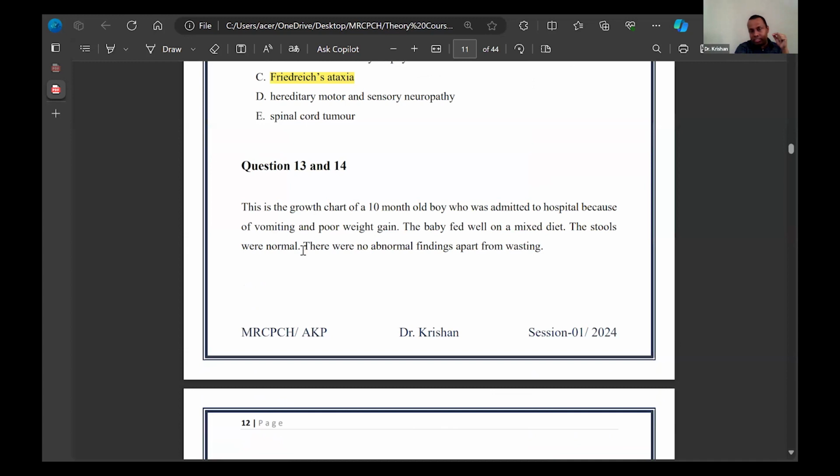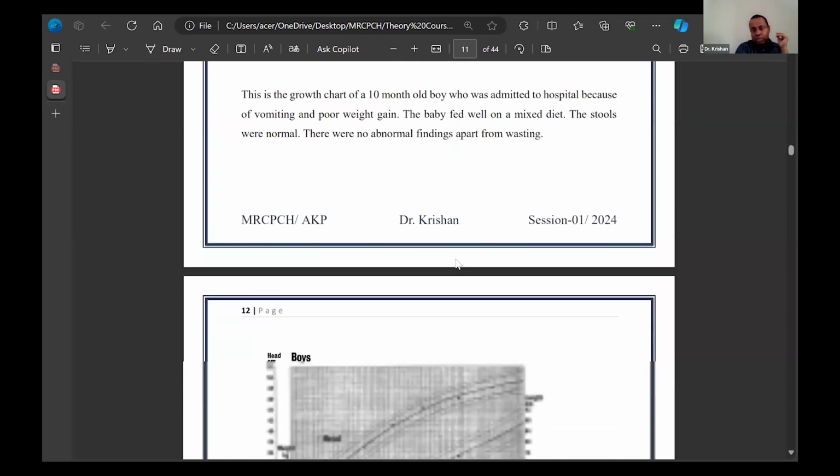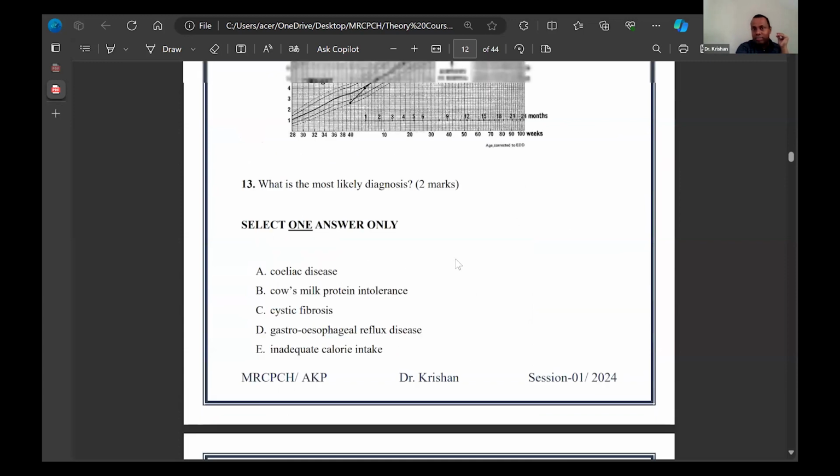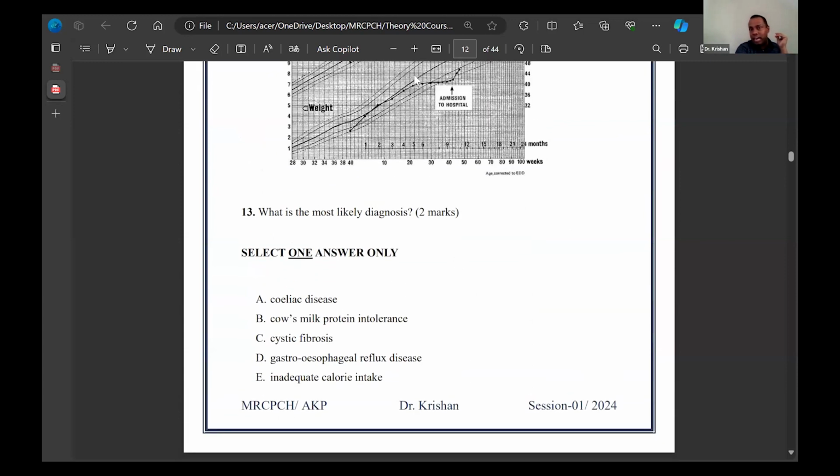Stools were normal. We know in cystic fibrosis, they get steatorrhea, bulky stools. Here, the stools were normal. Then it is unlikely to be cystic fibrosis. And cystic fibrosis children will not improve just because they were admitted and given mixed feed. So that is unlikely.